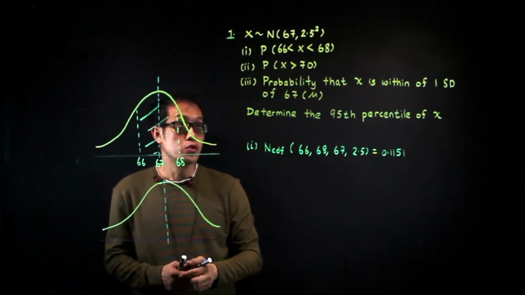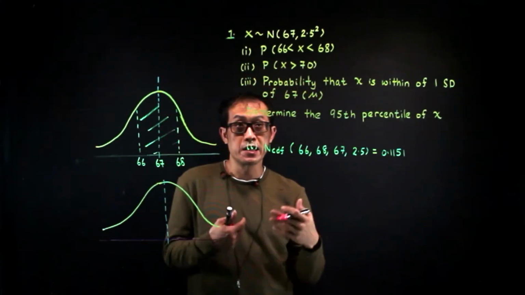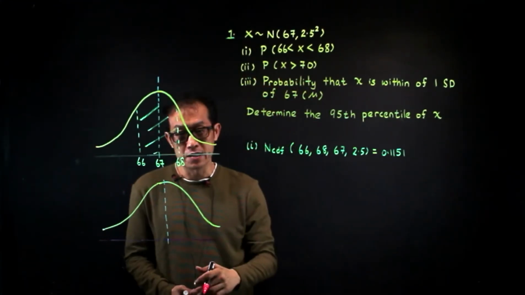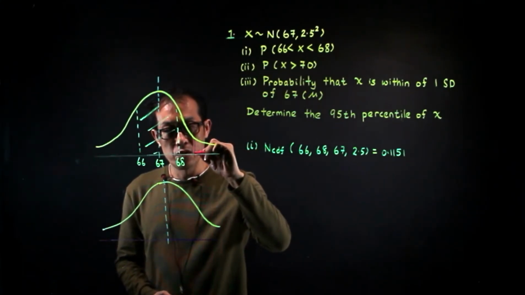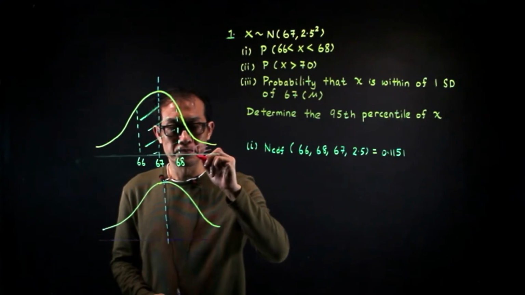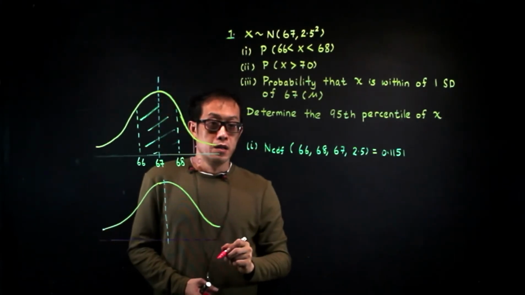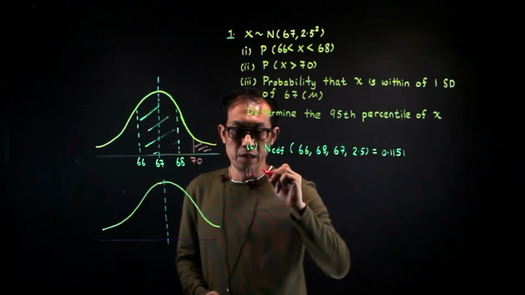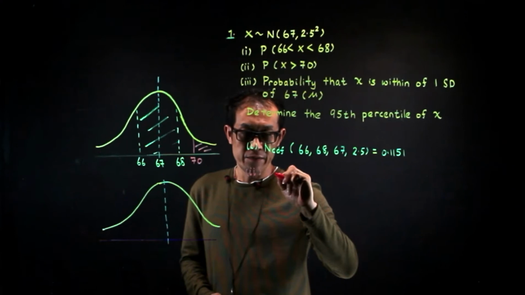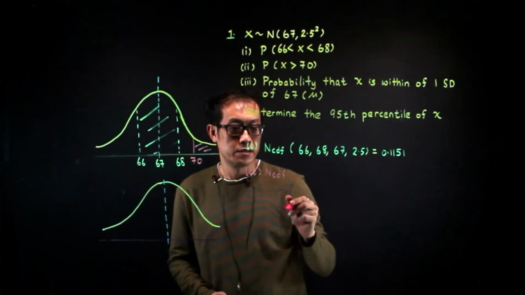Now let's move on to question 2. In question 2, you are asked to find the probability that X is greater than 70. That means the height of a man to be greater than 70 inches. This is 68, so let's say this is 70. Same thing, you will use your normal CDF to find this area here.